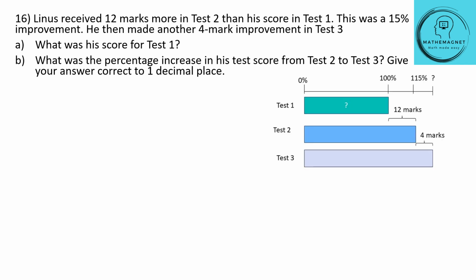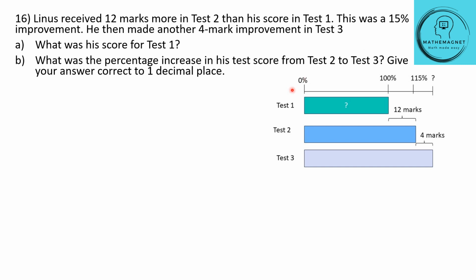Now here we are making comparisons between test 1, test 2 and test 3. In this comparison, we are making 2 comparisons, that is between test 1 and test 2, and then between test 2 and test 3. Now since you are comparing test 2 to test 1, your test 1 becomes your base value. So that becomes 100%.